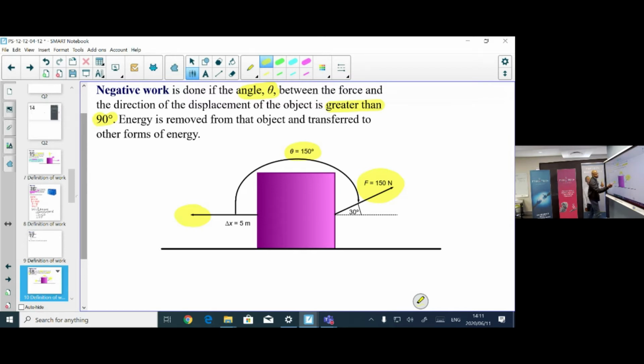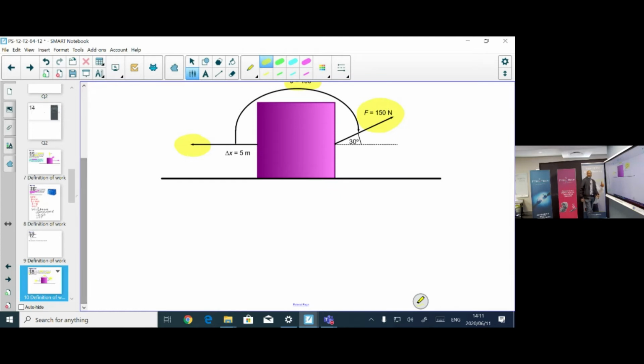All right, look at the distance covered. The angle that we're talking about is from here up to there. That is why we have 150, which is greater than 90. If you want to understand negative work, the moment you see your angle is greater than 90, greater than an acute angle, you must know that this is negative work. You have to expect a negative answer.